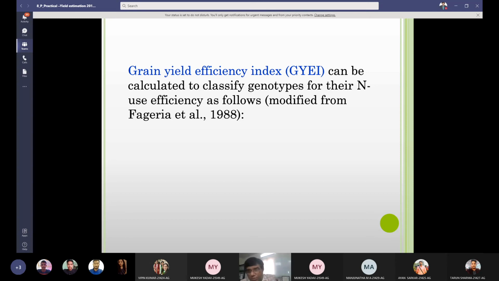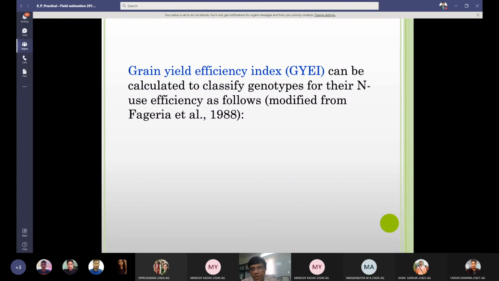Now these days you might be knowing the subject of biofortification, zinc enriched varieties or varieties which contain more zinc, or zinc use efficient genotypes. Means genotypes which can do better under zinc starved conditions where there is zinc stress in the soil. So those genotypes are zinc use efficient genotypes.